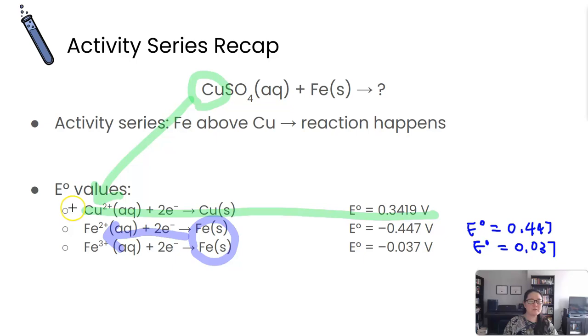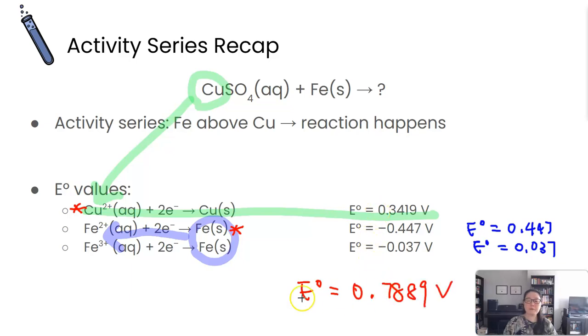So if we're taking a look at what possible E0 value we might get, you're going to be looking at this particular reaction, and then let's look at the second one because it does have a bigger positive value. So if you're looking at the reaction of your copper 2 plus becoming copper metal, and then your iron metal becoming your iron 2 plus ions, then you're going to get an E0 value of that entire reaction of the sum of these two values.